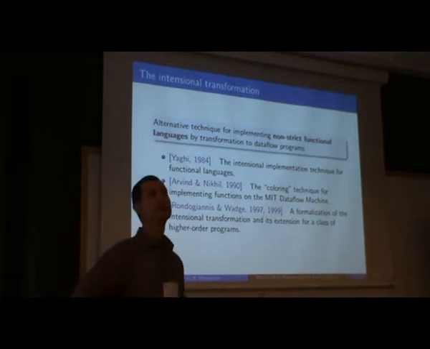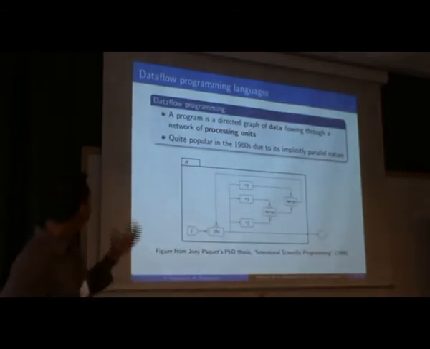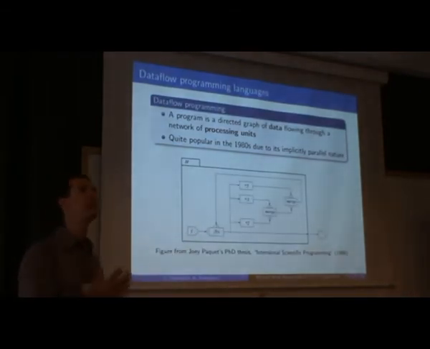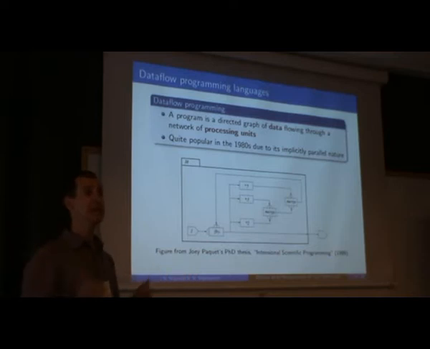So Dataflow comes into the picture, and I will talk a little bit about Dataflow. In Dataflow programming, a program is just a network, a Dataflow network, or a directed graph, if you want. And in this network, the nodes are processing units that do some computation, and there is also a flow of data across the edges of this network.